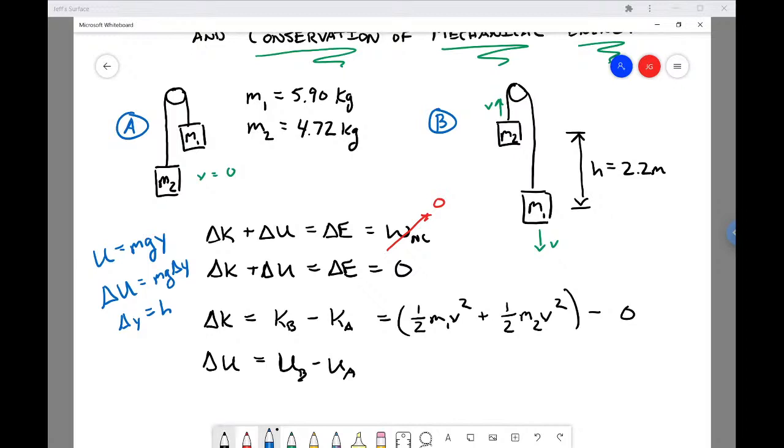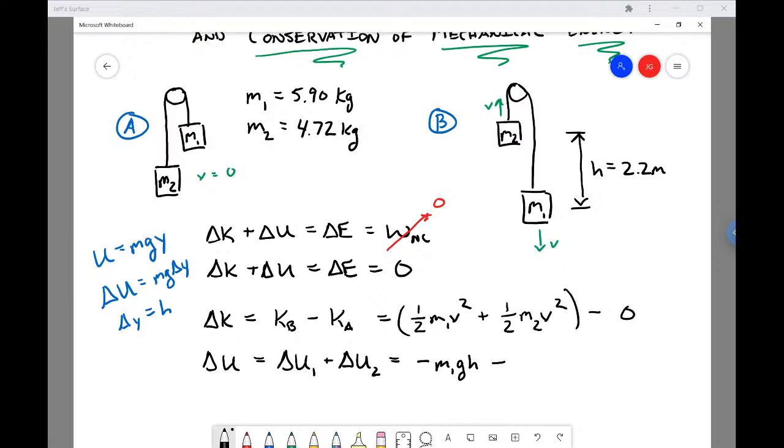But let's erase this. Let's think about this as the change in potential energy experienced by mass 1 plus the change in potential energy experienced by mass 2. So what is that going to be? Well, mass 1 falls, so it loses gravitational potential energy equal to its weight times h, the distance it fell.